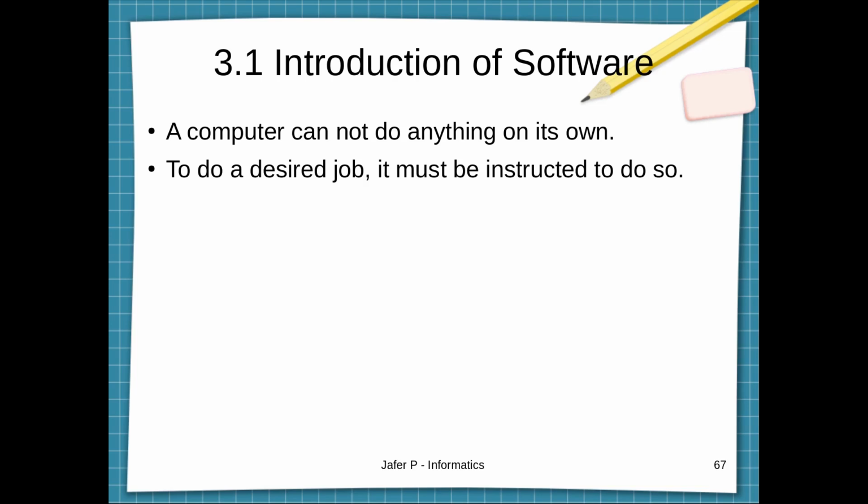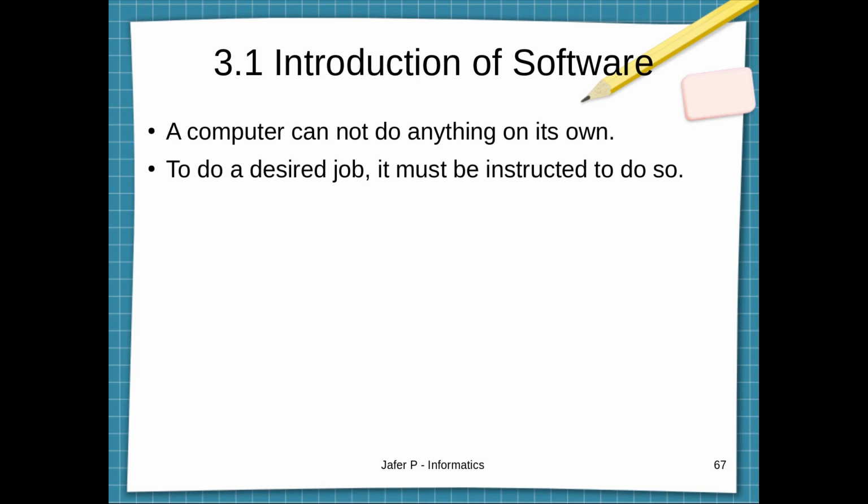That's very important. Without an instruction, a computer cannot do anything. So we have to give certain instruction to the computer. So to do a desired job, computer needs instruction from the user.